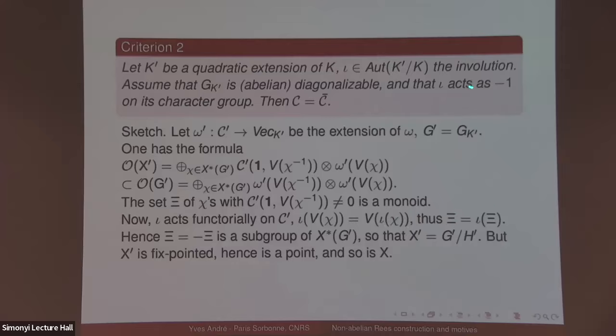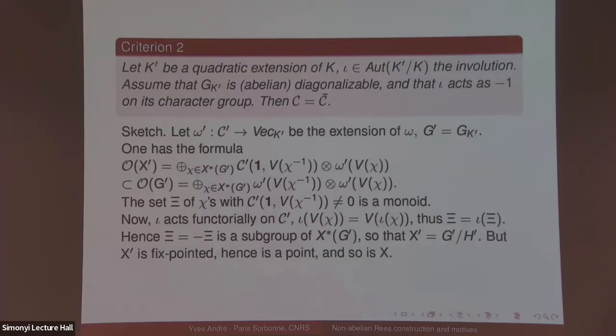But now I have this assumption that iota acts by -1. So it means that the set is minus this set. And this proves that this set is a subgroup of the group of characters of G'. And this proves that there is a diagonalizable subgroup H' such that X' is G'/H'. But X' is a fixed point and is a point, and so is X. And so C is C', C bar.